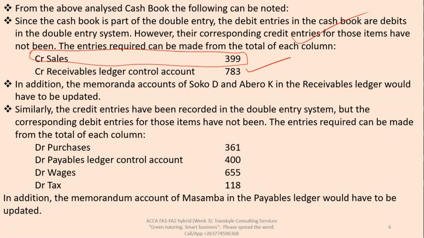The Receivables Ledger is not the general ledger. I indicated that in the previous week. If you didn't get much of that, please just revisit that video tutorial for week 2, so that you get acquainted with what is going on.